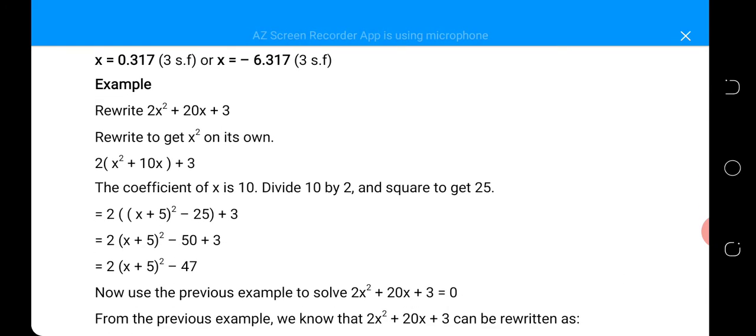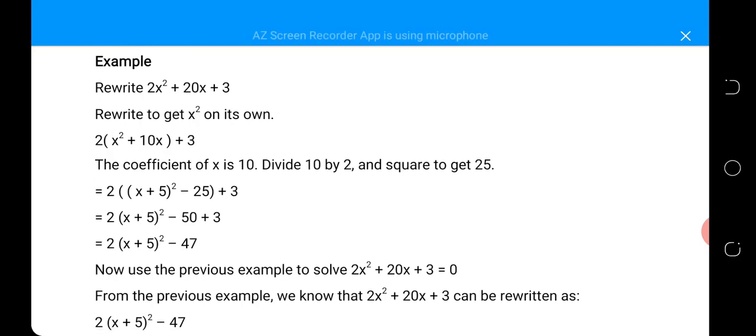Let's look at another example. The equation to be solved is 2x squared plus 20x plus 3 is equal to 0. But let's first consider the expression 2x squared plus 20x plus 3. Let's rewrite it by completing the square.